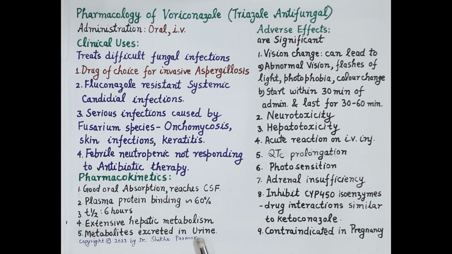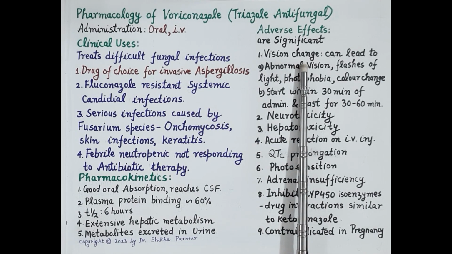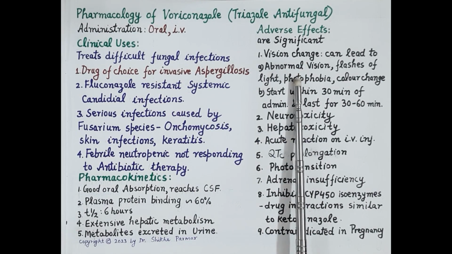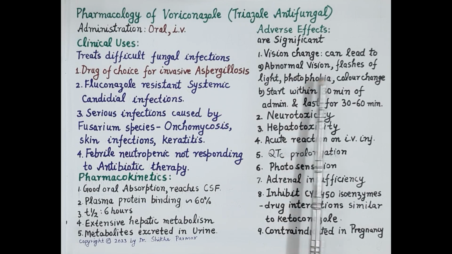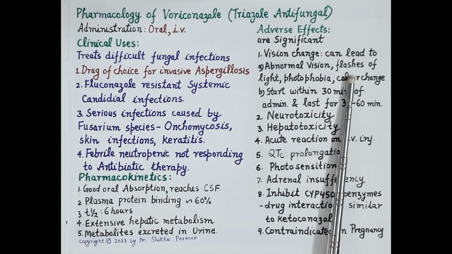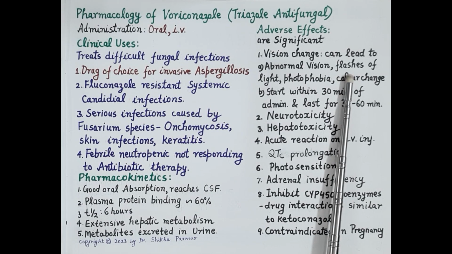Now, unlike fluconazole and itraconazole, voriconazole exhibits potential adverse effects. Voriconazole can cause vision changes, like abnormal vision. It can cause appearance of flashes of light, like small sparkles in the field of vision.